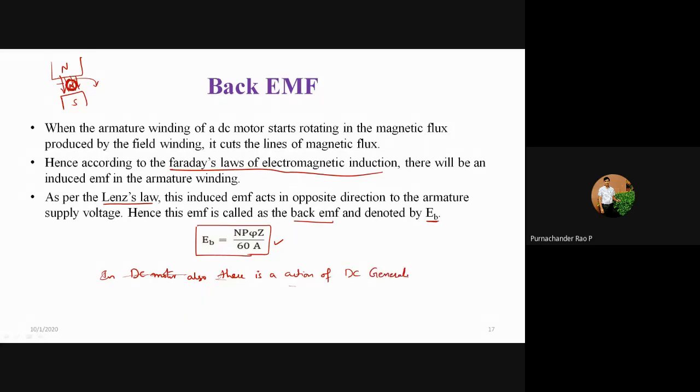DC generator action is nothing but whenever a conductor cuts the magnetic field, an EMF is induced in the conductor. In this case, that induced EMF we call the back EMF.